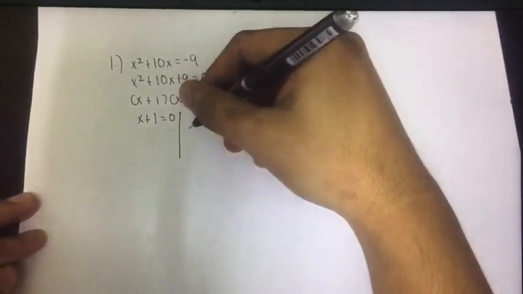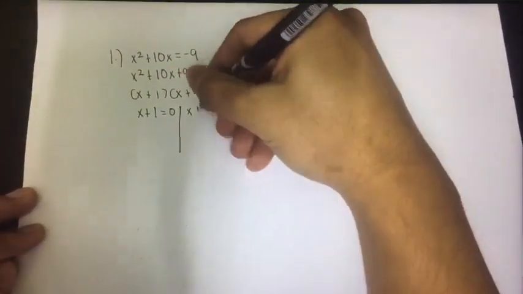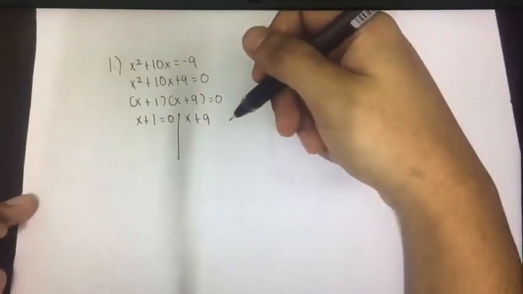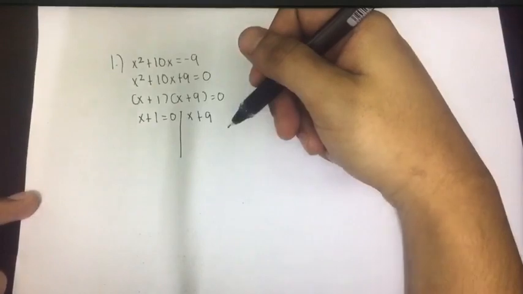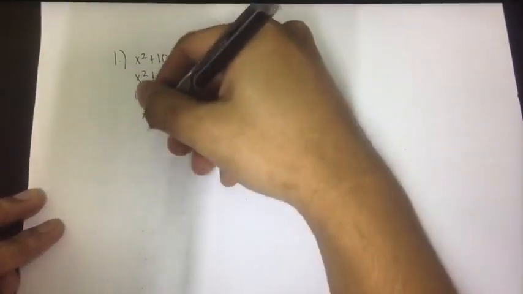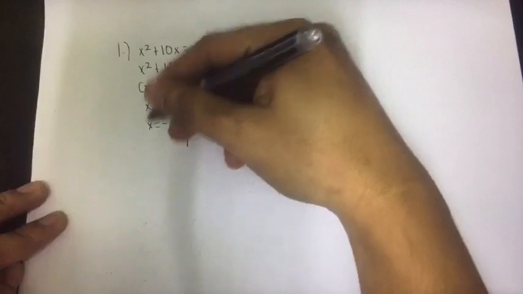Then, on the other side is x plus 9. Solve for x, transpose the 1 to the other side. Negative 1. And this is the correct answer.